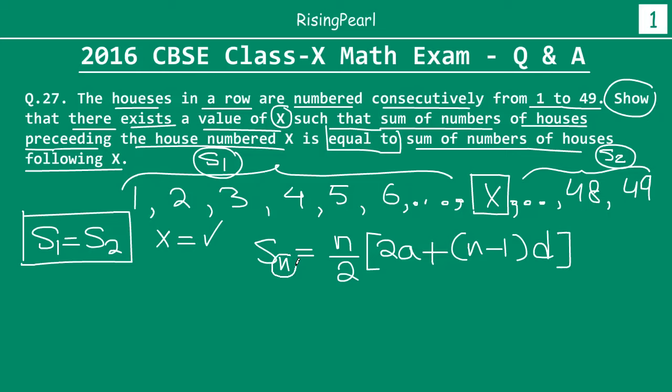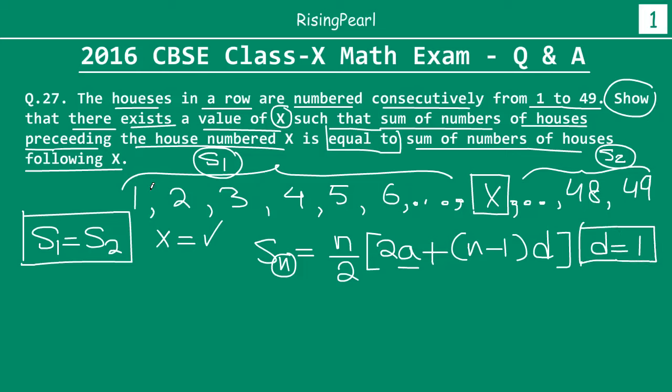What is n? n is the number of terms in our arithmetic progression, a is the first term, and d is the common difference. Because these houses are numbered 1, 2, 3, 4, 5, 6, throughout between 1 and 49, our common difference is equal to 1. d is equal to 1.